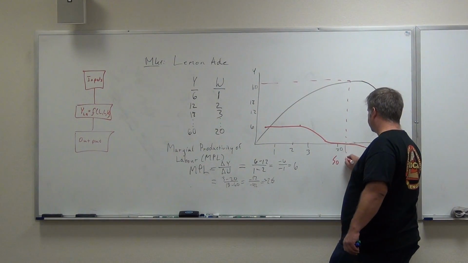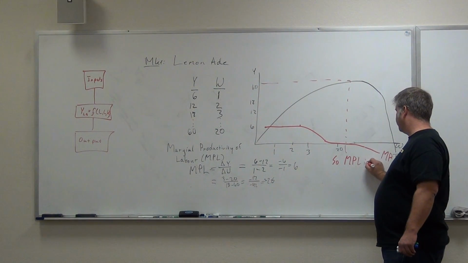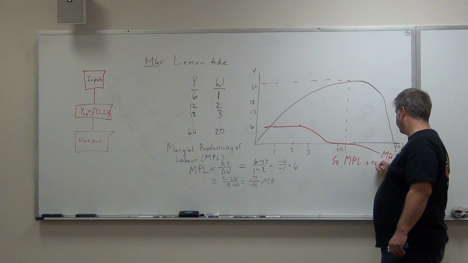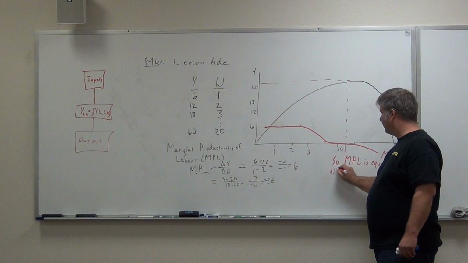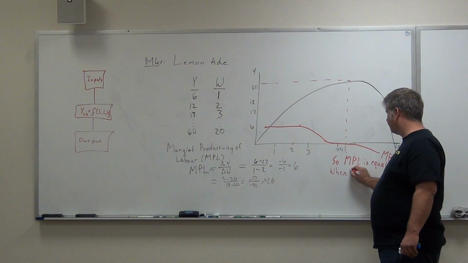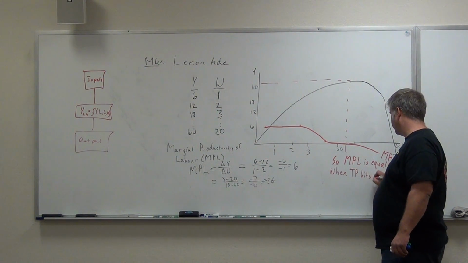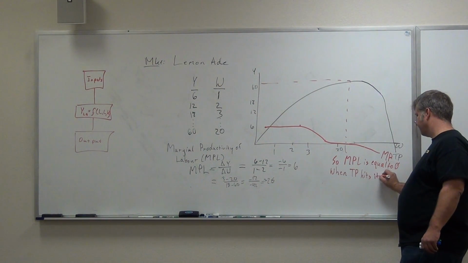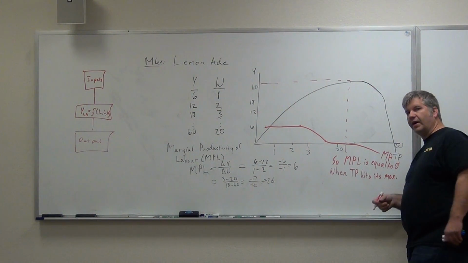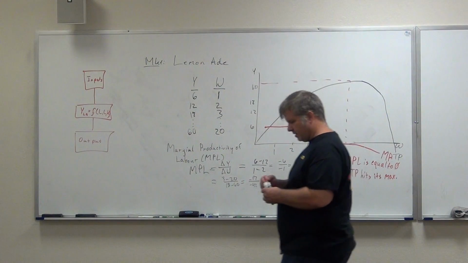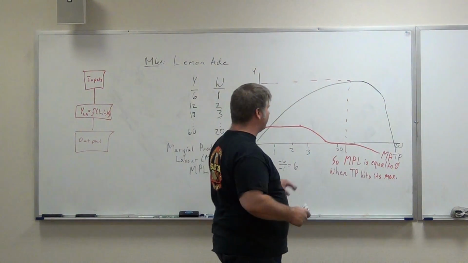So marginal production, marginal productivity of labor or capital or anything else is equal to 0 when total production hits its peak or hits its maximum. Very simple claim, right? So if we want to maximize total production, then we need marginal productivity to equal 0.